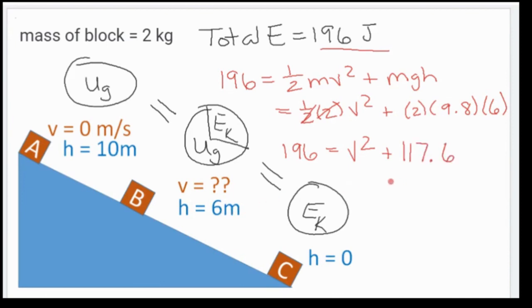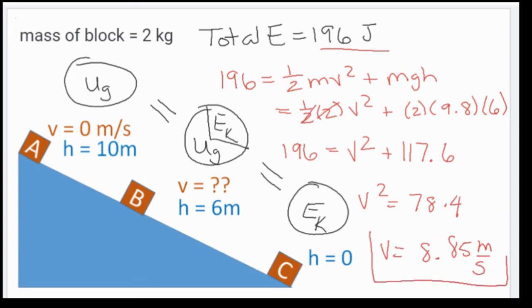Subtracting 117.6 from both sides gives us that v squared will be equal to 78.4, and taking the square root gives us a velocity of 8.85 meters per second. Knowing the total energy at point A helped us find the velocity at point B.